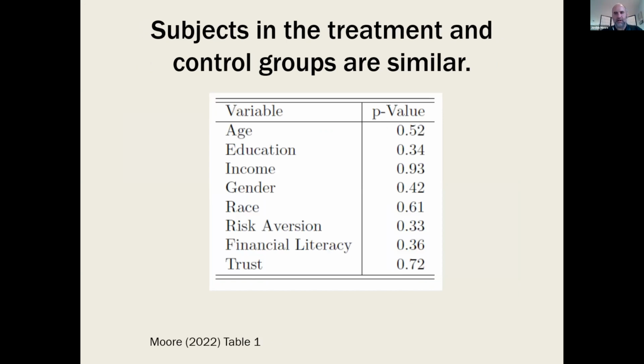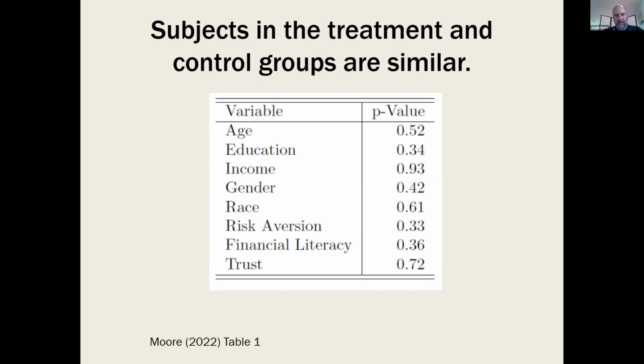One concern is the possibility that even though we assign subjects to treatment or control randomly, there could be systematic differences between the groups, especially in some variable that's likely to predict stock market participation, such as gender, for example. Barber and Odean show that men are more likely to take risk and invest more in risky assets, among other papers.